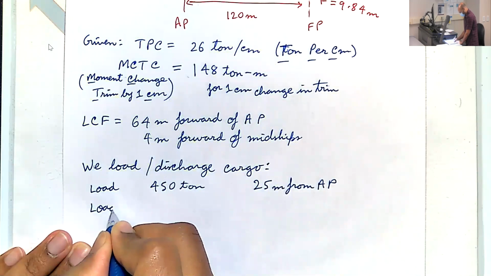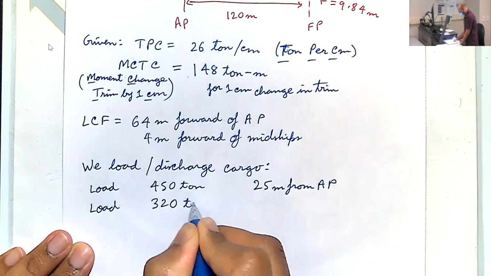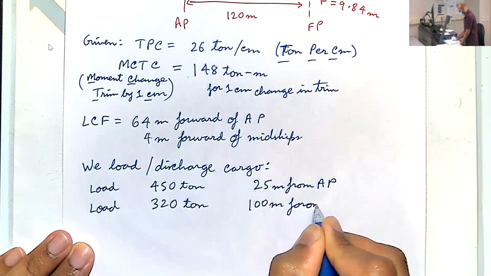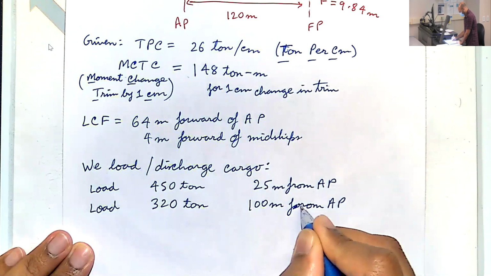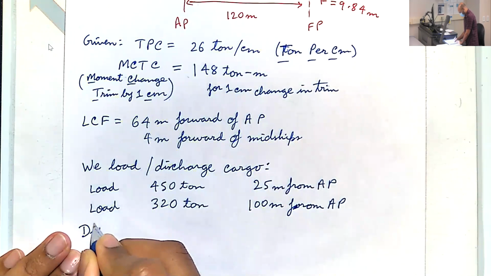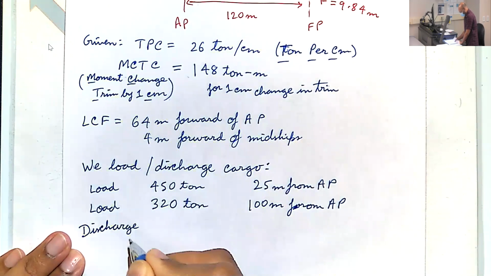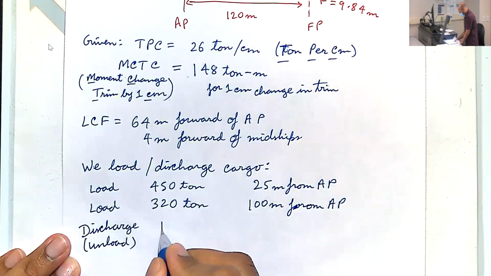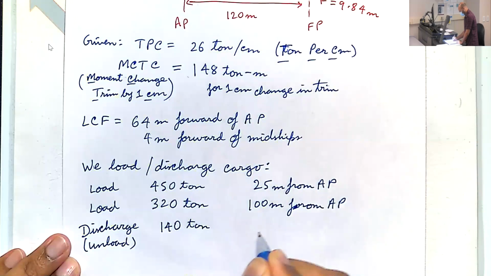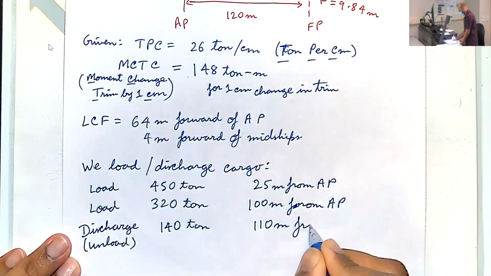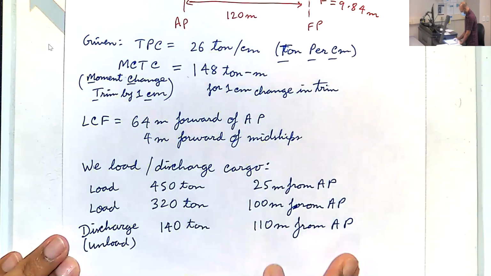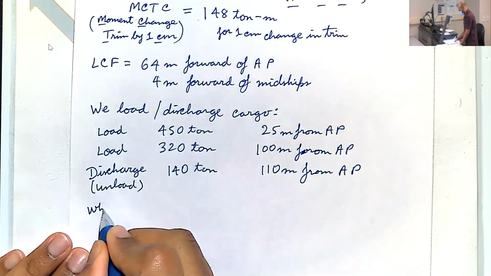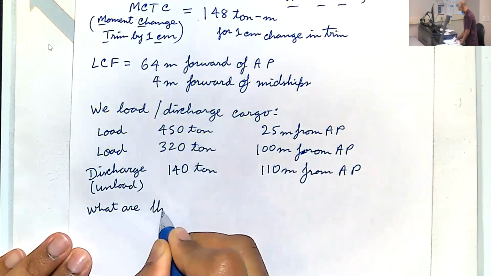And we load another container, which is 320 tons, 100 meters from AP. And then we discharge, meaning unload, a container, 140 ton, 110 meters from AP. Okay, and after we do all of this, the question is, what are the final drafts?